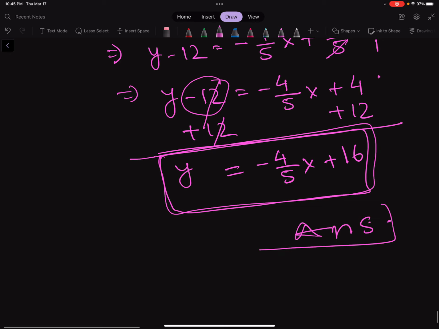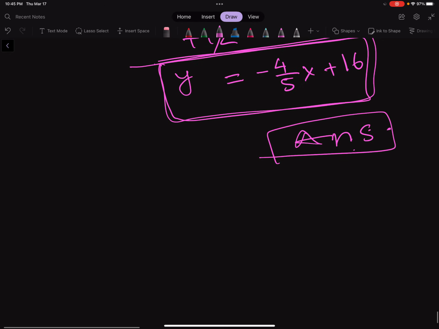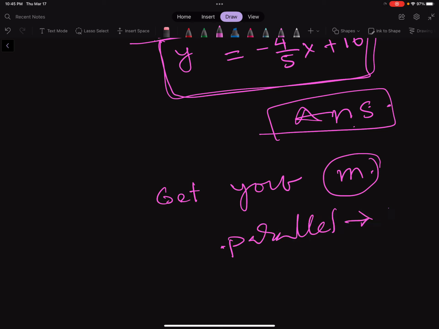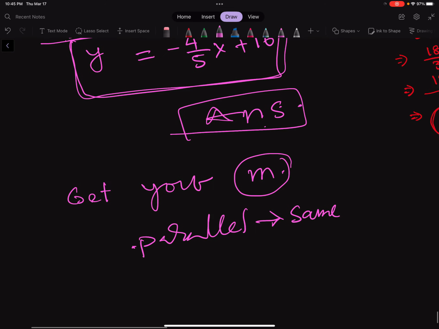That's the way you have to do it. Remember, just get your m, and write your new equation in either form. If the new line is parallel, use the same m value.